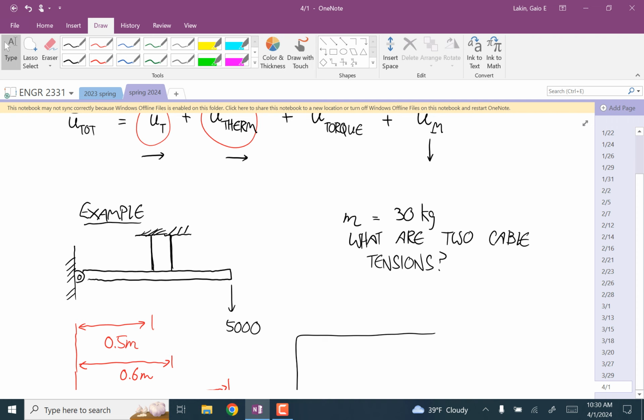But the geometry says that as you get farther away from the hinge, it stretches more. So the question is just, for the given cable geometry and stiffness, how much tension does it take to stretch that required amount? Or if the beam wasn't rigid, you could see like a U shape. Yeah, that's right.